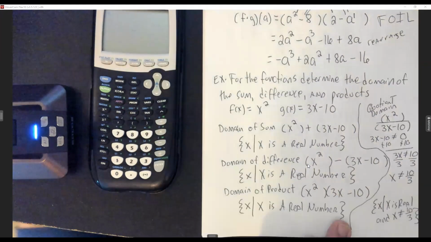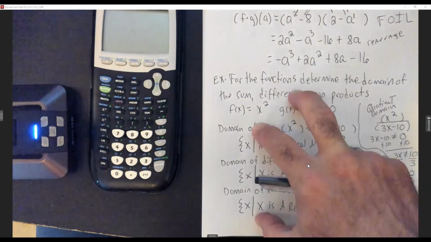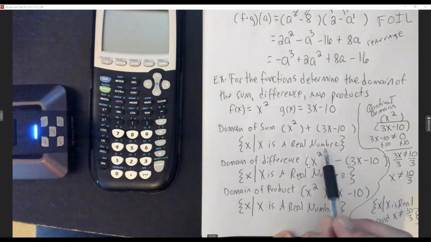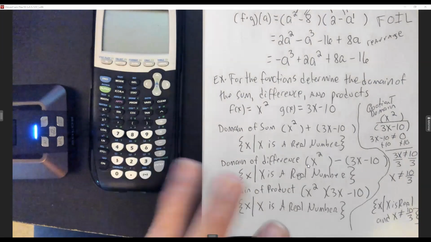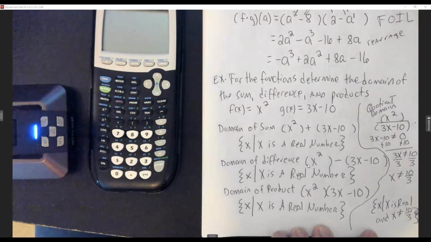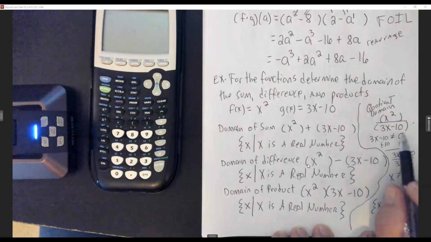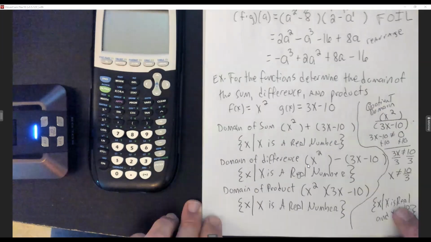So I only do this to show y'all that every one of these doesn't necessarily have to be x is a real number. It depends on what operation you're doing and how you got it set up. But I hope this showed you why I had to kick out 10/3 from my domain, because if you put a 10/3 in for the x, it makes the bottom equal 0, which makes it undefined. And you cannot plot numbers that are undefined, okay?